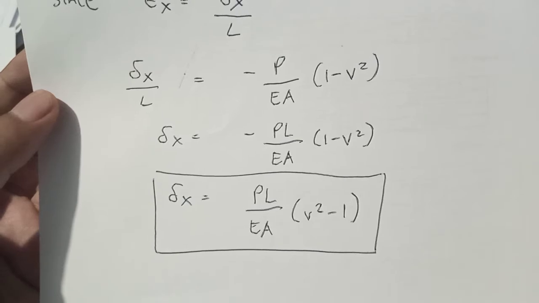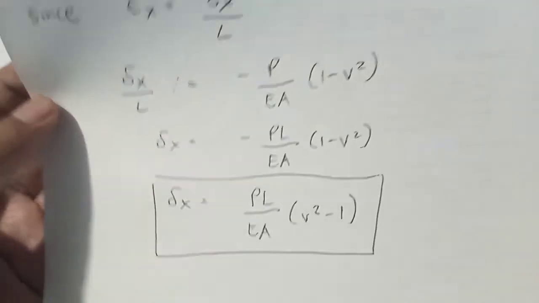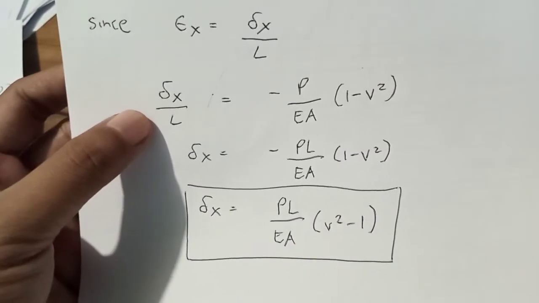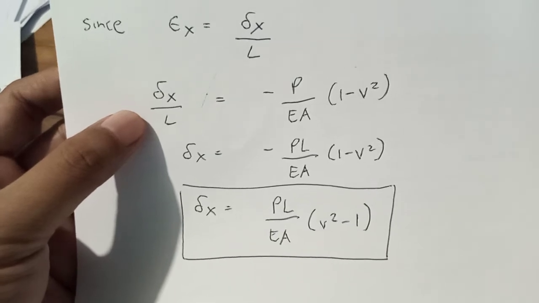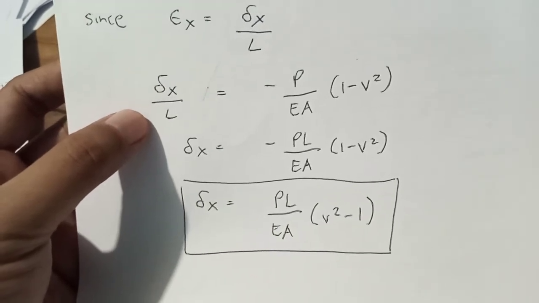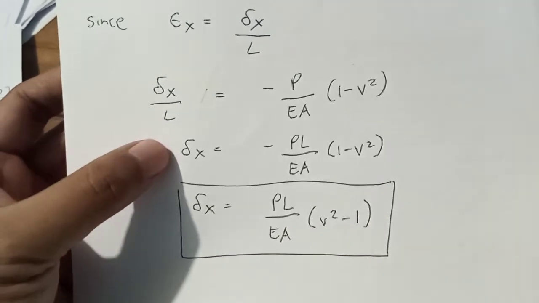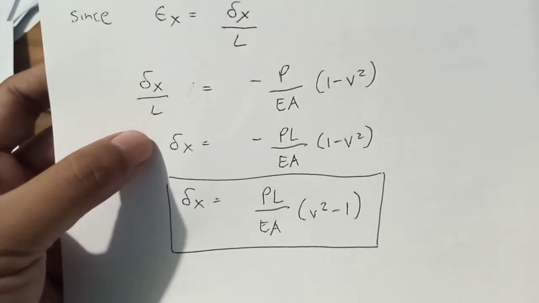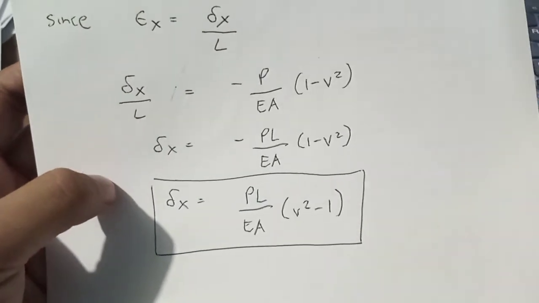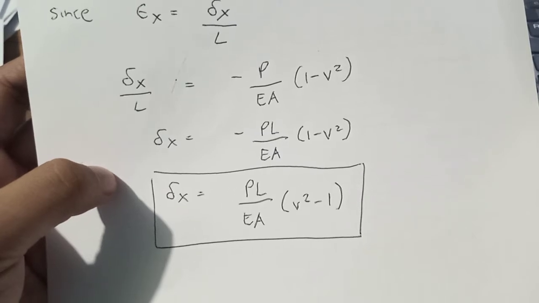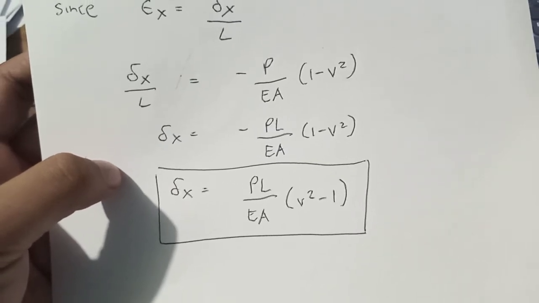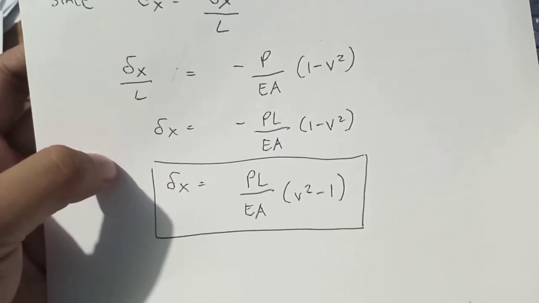Therefore our answer, the expression for the change in length, or the elongation, is equal to PL over EA times v squared minus 1.